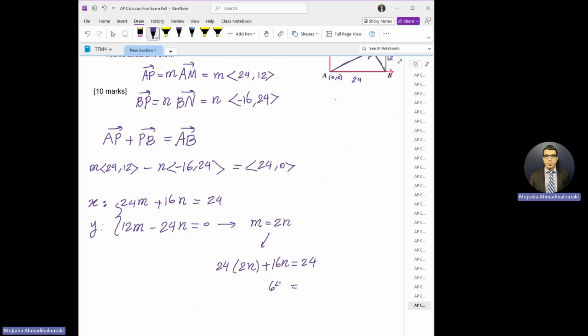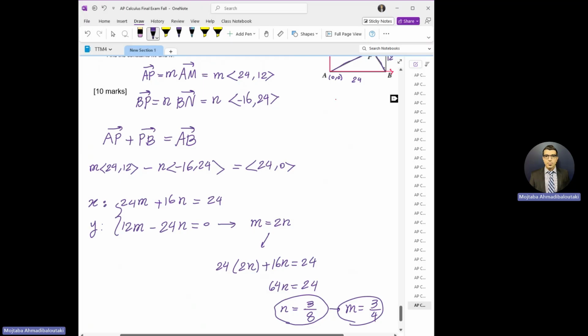So 64n equals 24. n is 24 divided by 64, which is 3/8. So there you go, that's n, and from here we can also find m, which is twice that, so that would be 3/4. There you go. So this is the last question from our final exam.